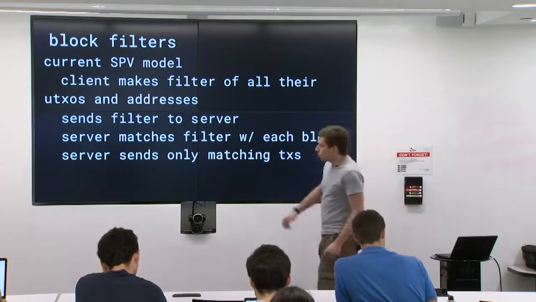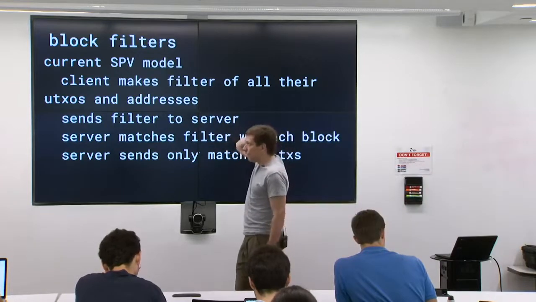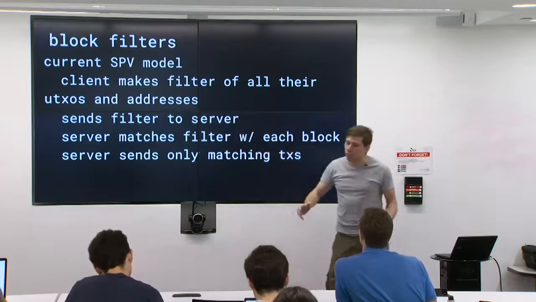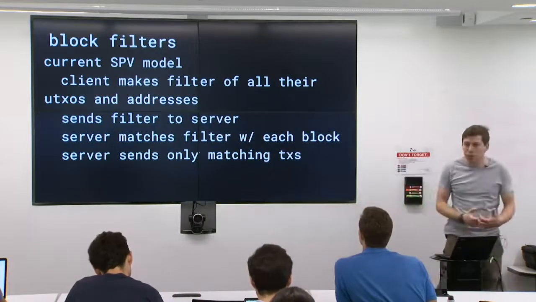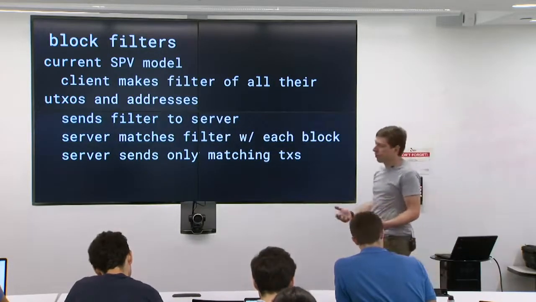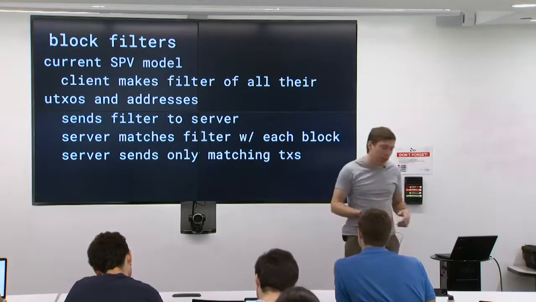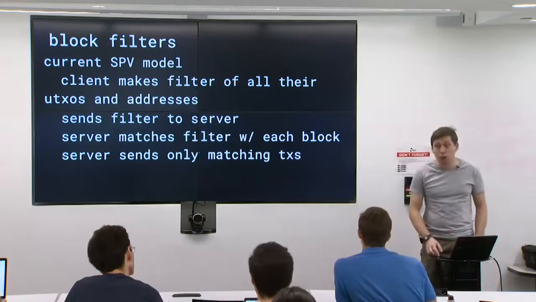So what I do, and this exists today, you can do this: you make a Bloom filter of all your UTXOs and addresses. You say, okay, here's all my addresses that I'm hoping to receive money on. I've got 20 of them, 30 of them, 100 of them, however many, although Bloom filters don't really work once you have too many.